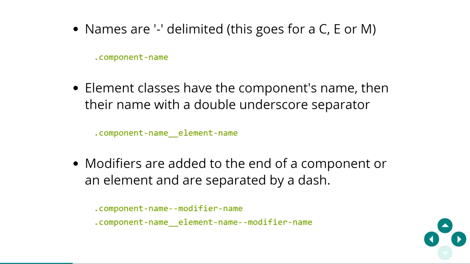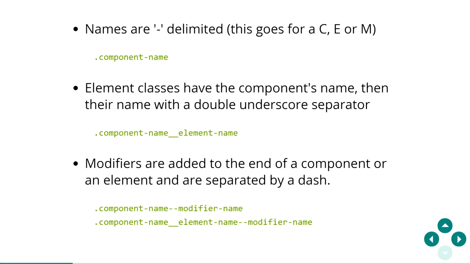But from a glance, it lets you know not only what the element is, but where it comes from, what it's attached to, which is really nice. And for modifiers, instead of 2 underscores, you put 2 dashes, and that says this is a modifier. And modifiers always go at the end. So you could have component name dash modifier name, or component name underscore element name.